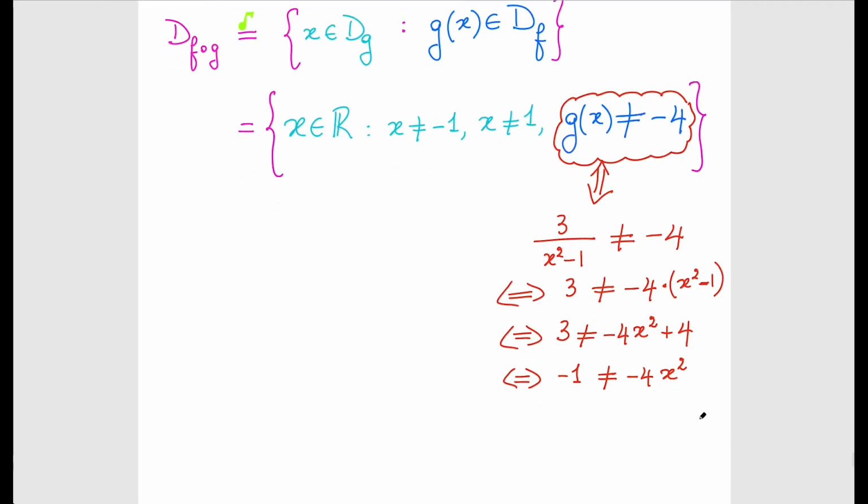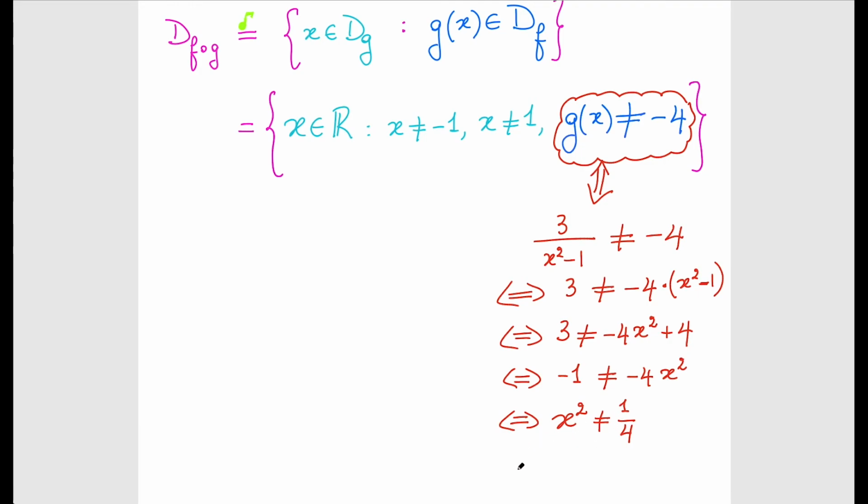And by dividing both sides by negative 4, this is the same as saying that 1 over 4 is different than x squared, right? I swap the sides and divide both sides by negative 4. You get 1 over 4 here, and x squared here. So x squared should not be 1/4.